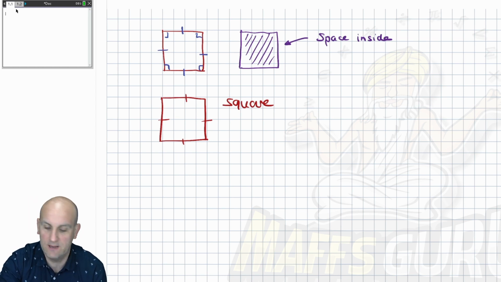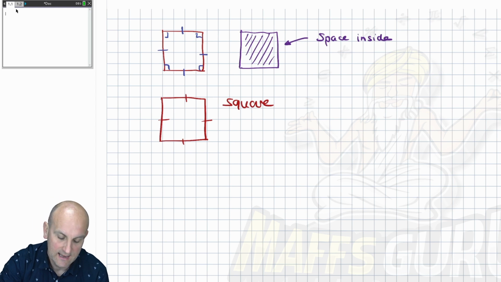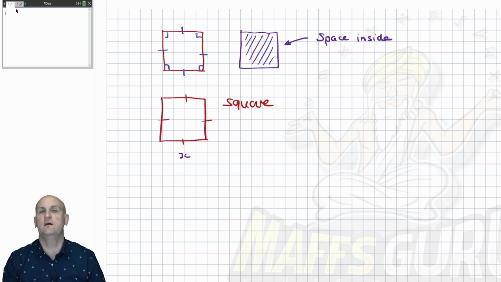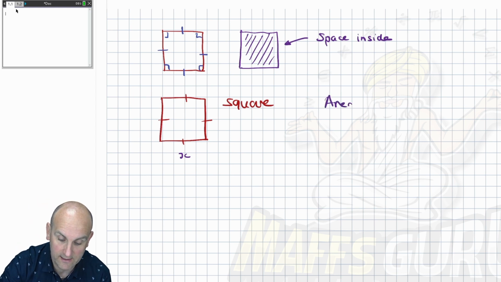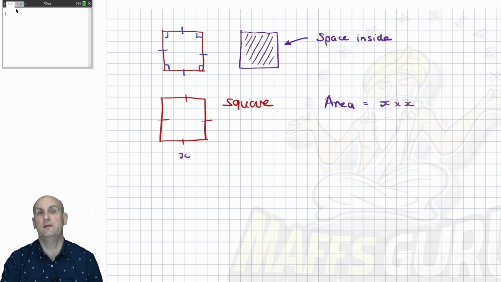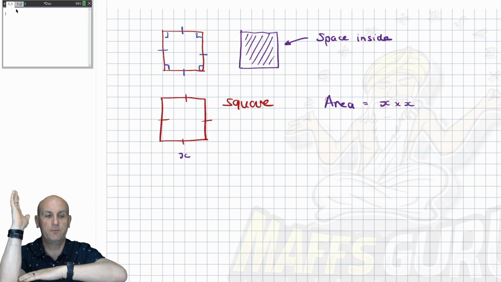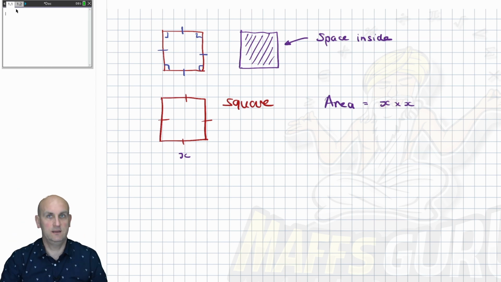I'm going to break with convention, and I'm going to make the length of a side X. I love the letter X. Now, to work out the area, the traditional way of doing it, you would write area is equal to X times X. So what does that mean? You take the length and you multiply it by the height. That is certainly one way of doing it.